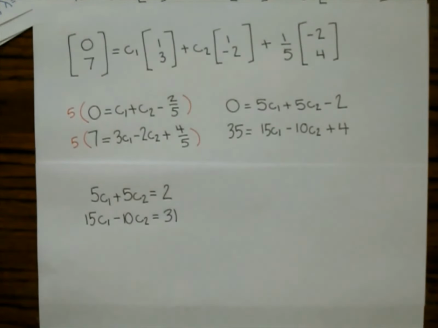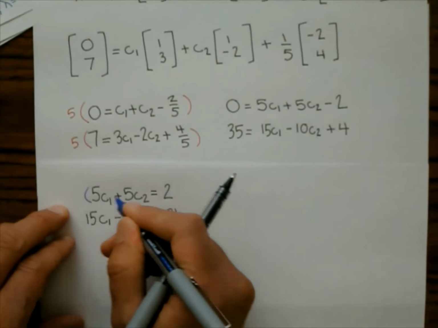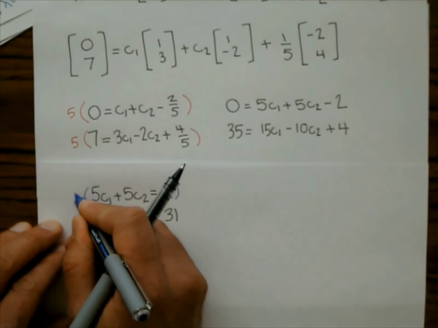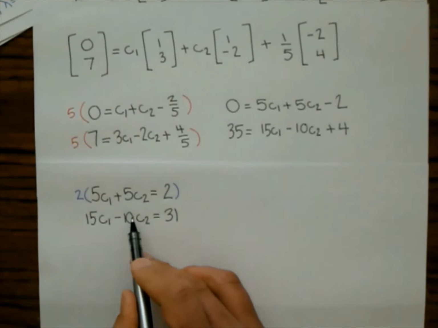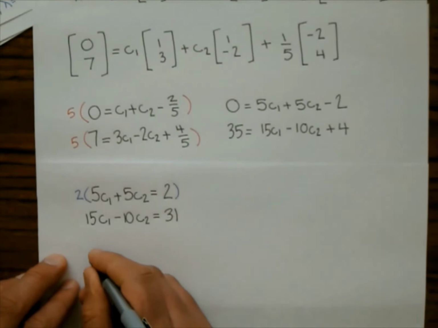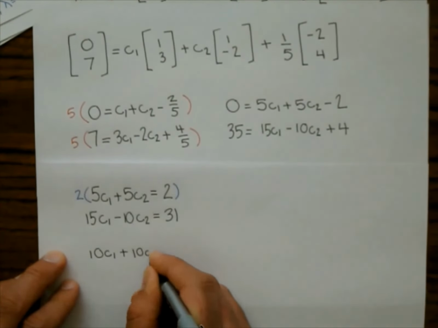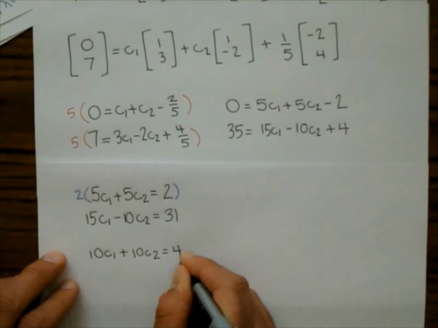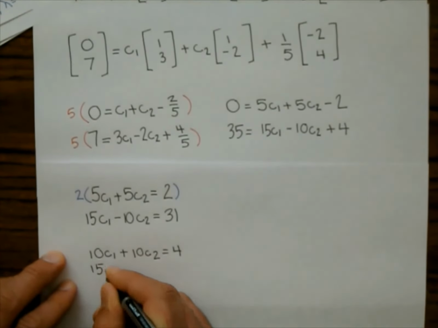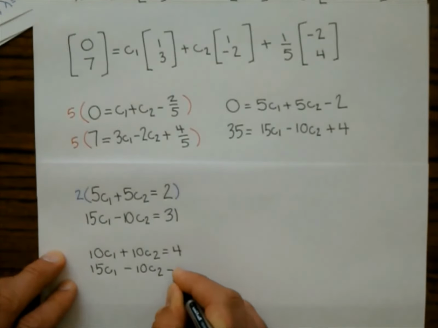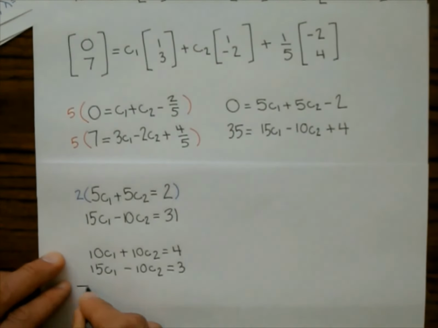Okay, I'm going to go ahead and multiply the top equation by, so I could be using an augmented matrix, but I'm not, by a 2. So I'll kill off the C2s. So I have 10C1 plus 10C2 equals 4. 15C1 minus 10C2 equals 31.